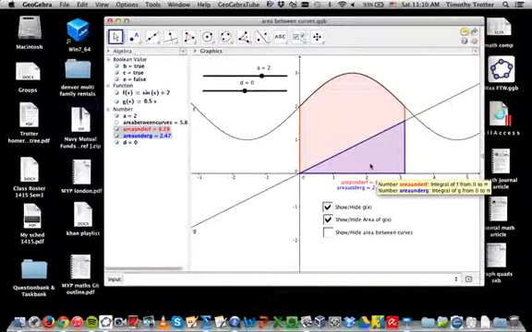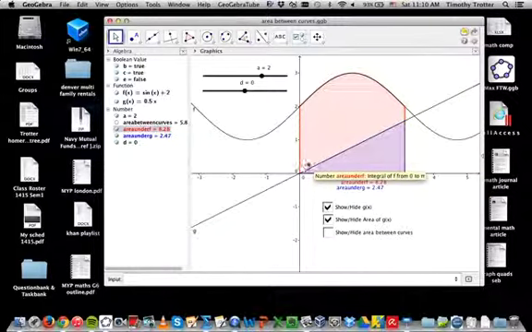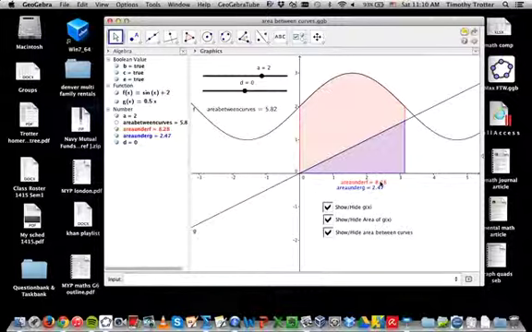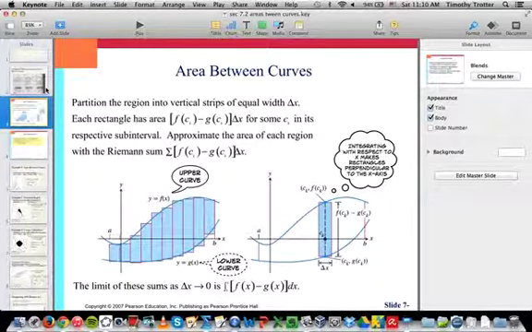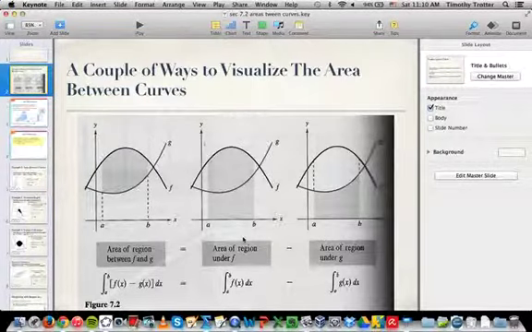And I would subtract them. By subtracting these two areas, I get this area right up in here. And that is a very simple application. If I take these two areas and subtract them, I get the area between the two curves. And so simply by finding the difference between the two integrals, I can find the area between two curves. That's how we evaluate the area between two functions.